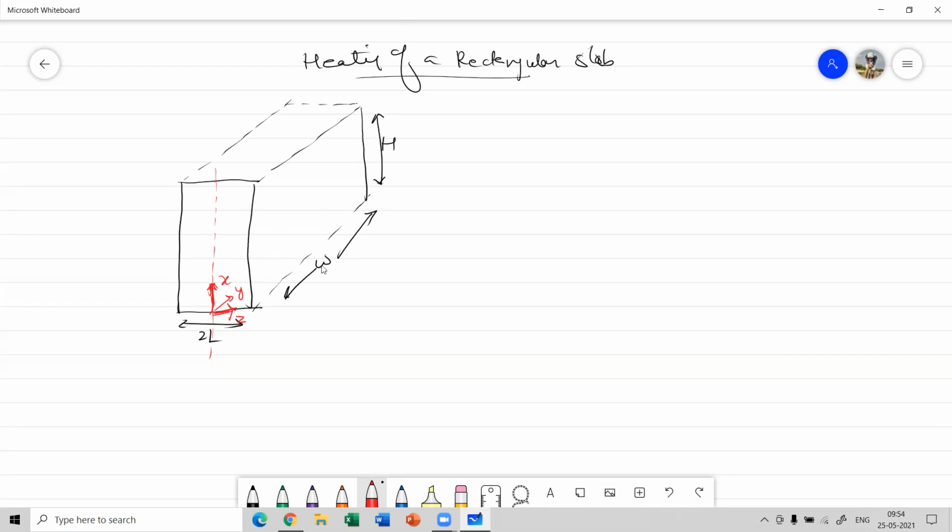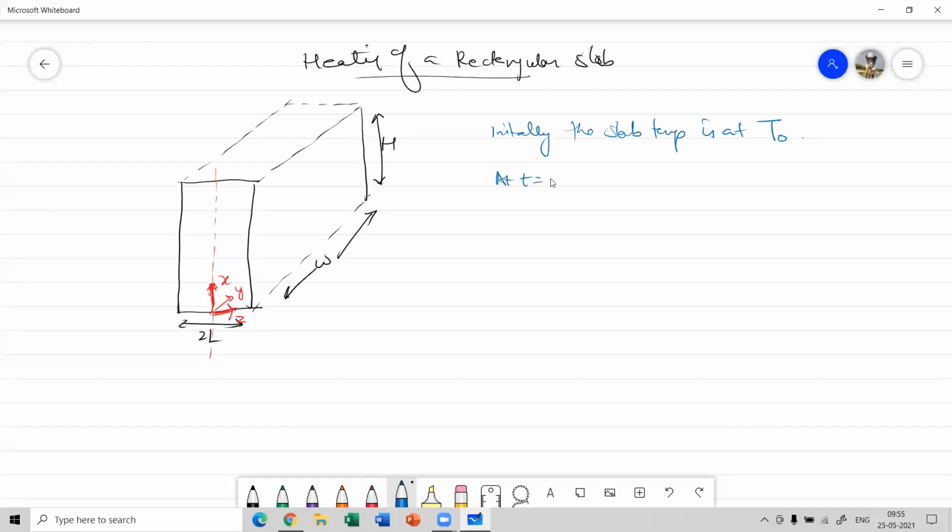Okay. Now initially the slab is at a uniform temperature T0.